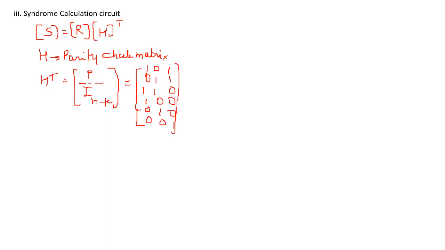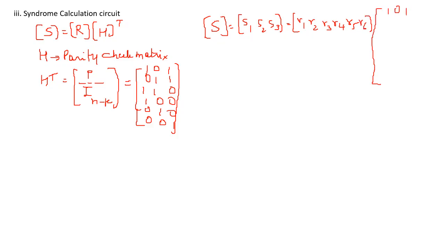Next we'll write the syndrome matrix. So S is nothing but the n minus k values S1, S2, S3, and R is the received polynomial, which should be 6 bits here. So R1, R2, R3, R4, R5, R6 is multiplied with the H transpose matrix, which is 1 0 1, 0 1 1, 1 1 0, 1 0 0, 0 1 0, 0 0 1.